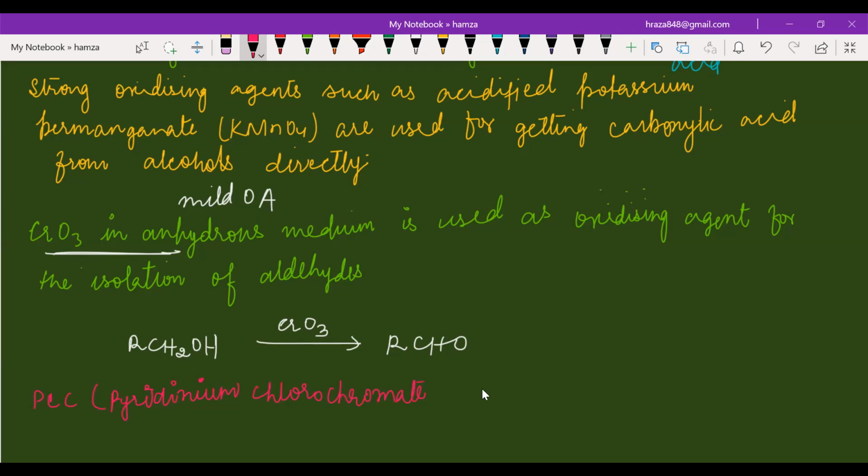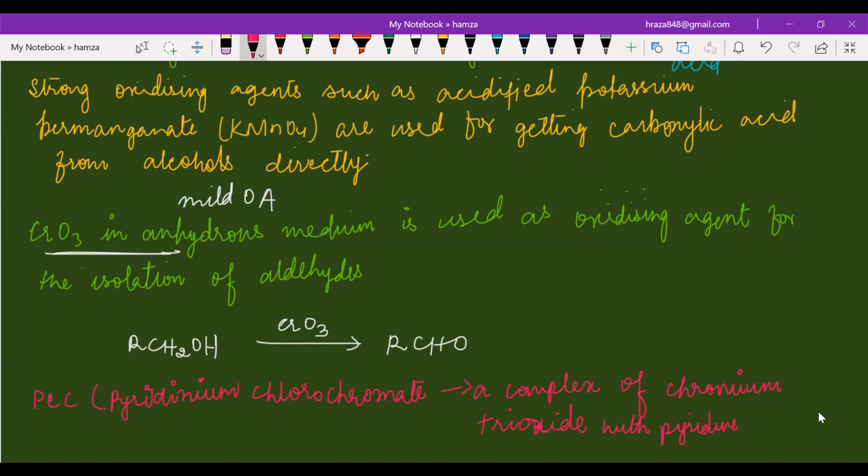Basically, it is a complex of chromium trioxide, CrO3, with pyridine and HCl.